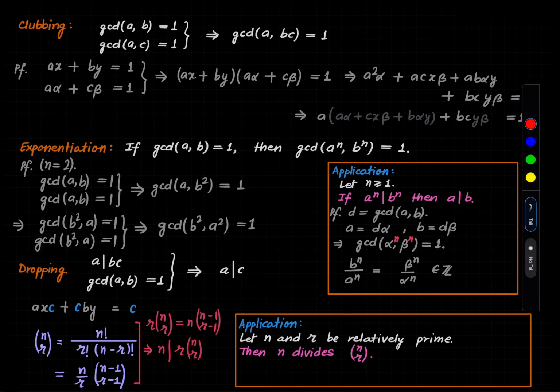All I did was use this equality with cross multiplication, and therefore n divides the left hand side. But now n and r are relatively prime. That's given to us. Using the dropping property, this immediately gives us n divides n choose r. That's very nice.